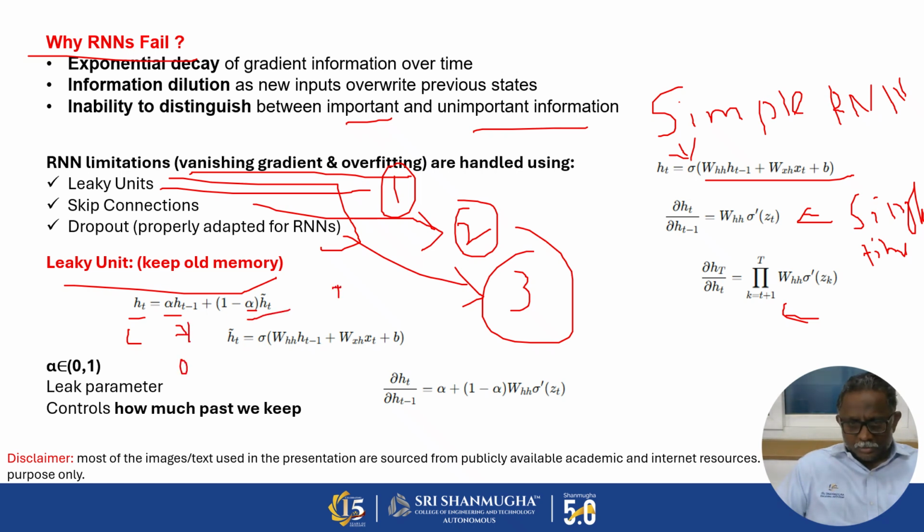So this is the simple RNN. Even when you go for the gradient and the time goes to 0, we will still have these alpha values. So that is the reason it doesn't allow the network to become 0. There will be some sort of learning that takes care of these parameters called leaky parameters.